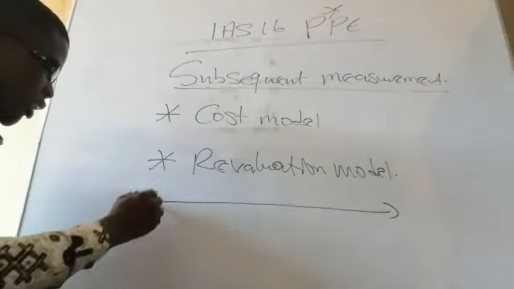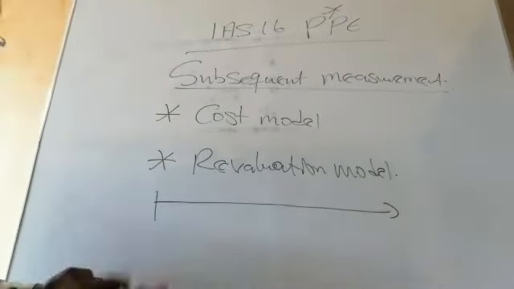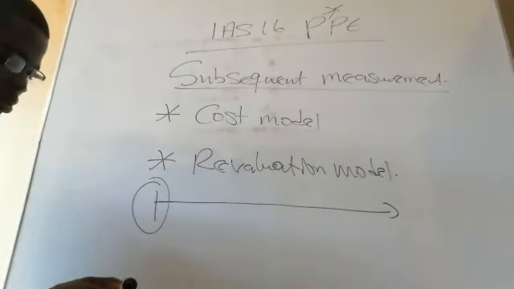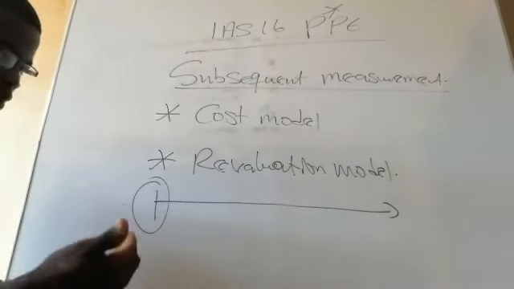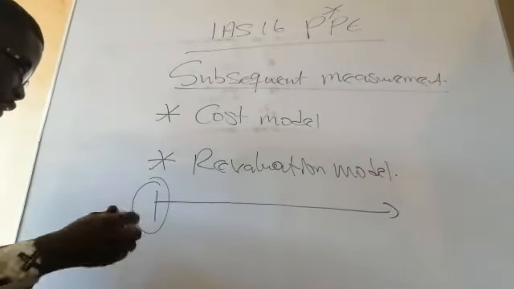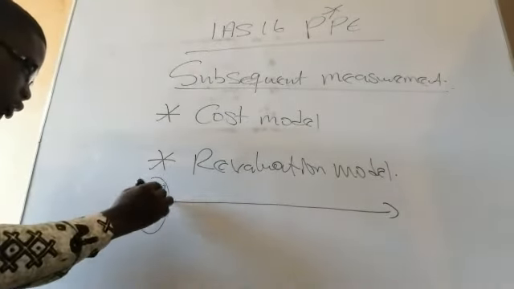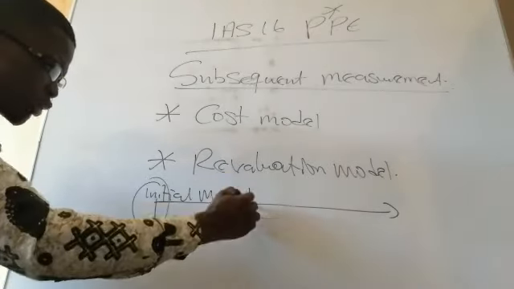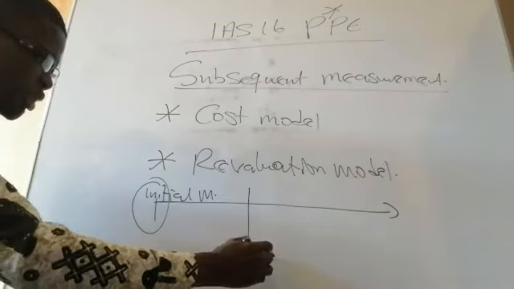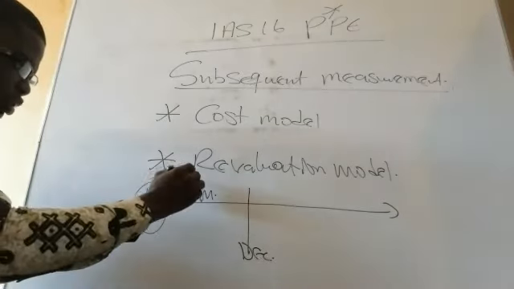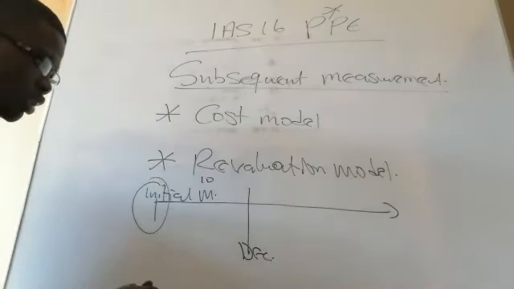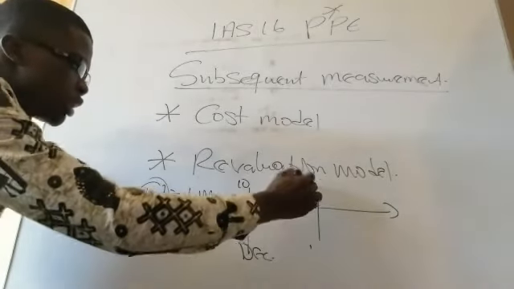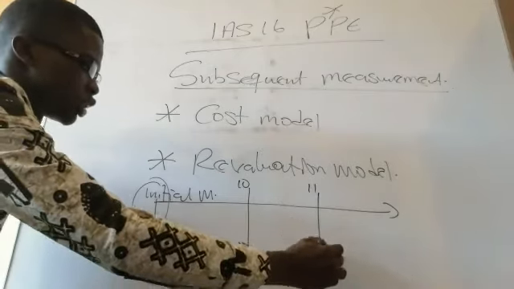If you acquire the asset for the first time, what will be the value? We call it initial measurement. Then the next reporting period, maybe you bought it December 2010, what about December 2011?